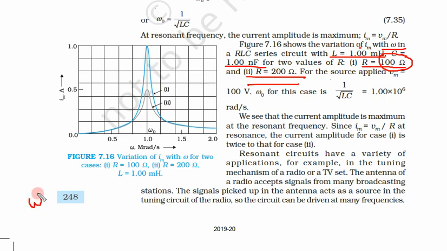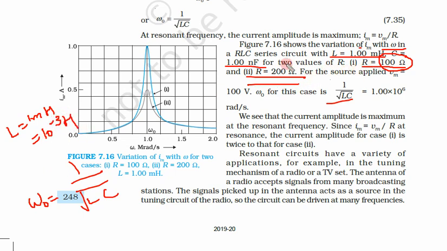We have the formula omega naught is equal to 1 upon under root LC. What is the value of L? L is equal to 1 millihenry, that means 10 to the power minus 3 henry. What is the value of capacitance?